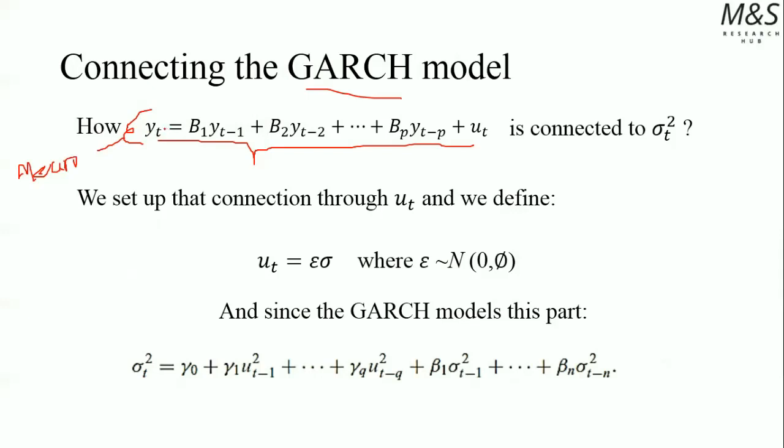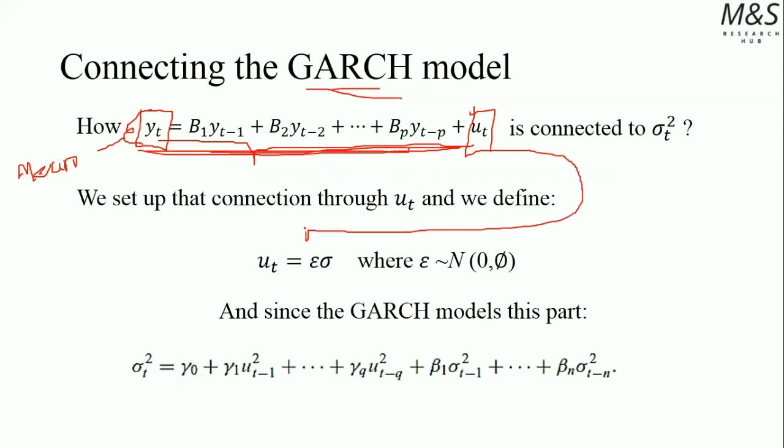And the mean equation is going to give us the expected value of the dependent variable, but we also want to consider the error structure regarding the volatility it has. So we connect the GARCH model with the mean equation, that is the equation right here. We connect it by defining the structure of the error term.